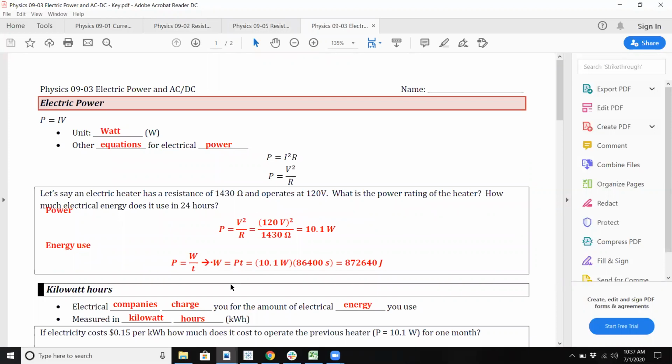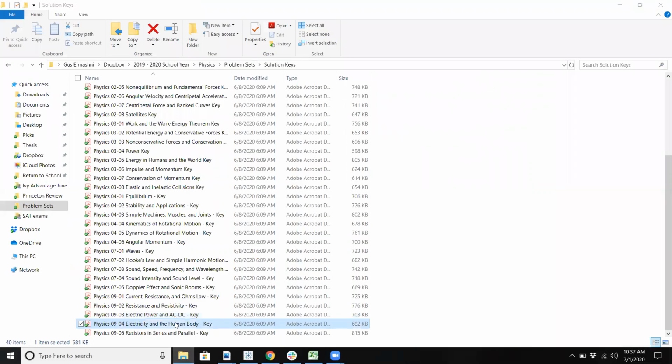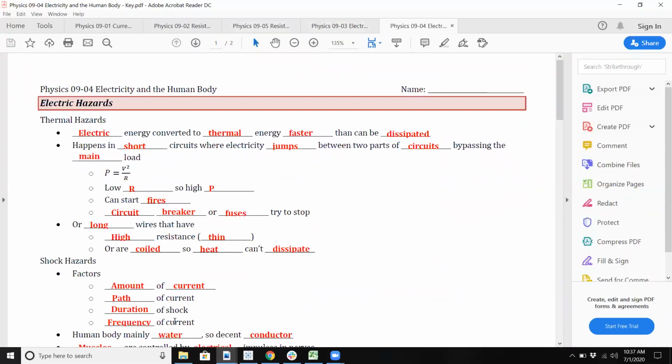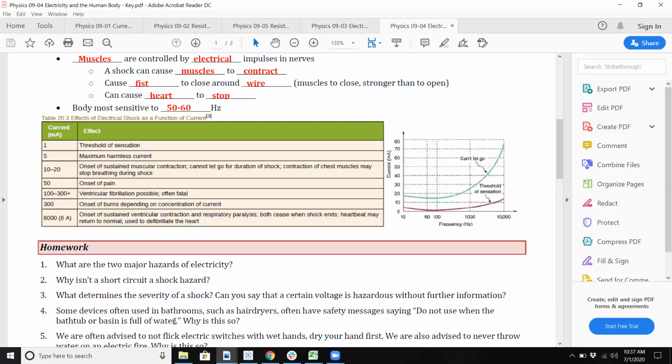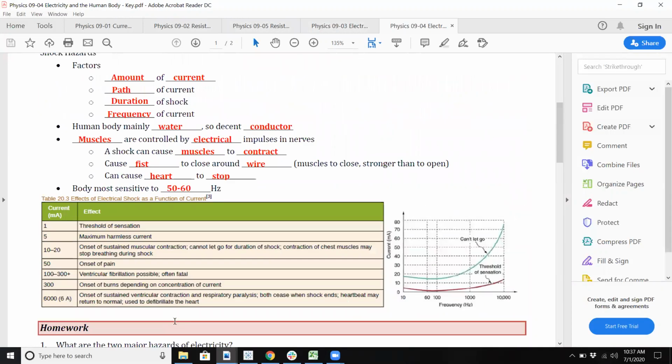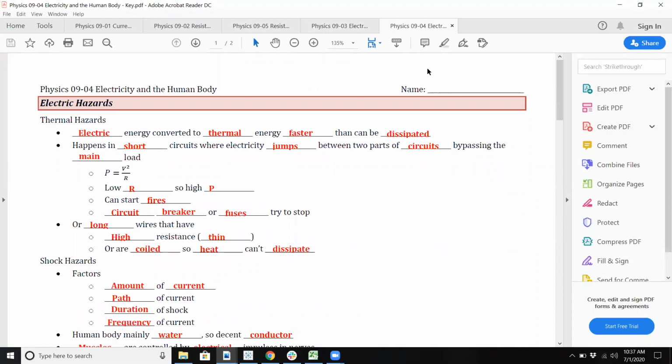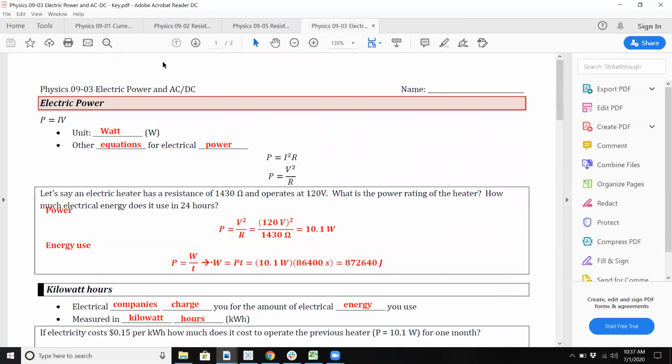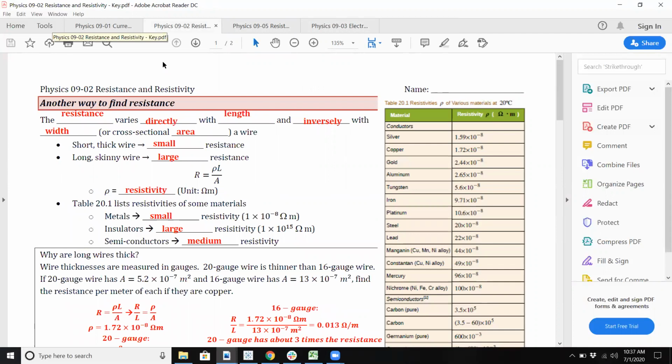We'll see. I don't know if we'll do 9.4. Well, you should know about electricity being dangerous. But for sure, we'll do 9.2 today, and probably 9.3 or 9.5.